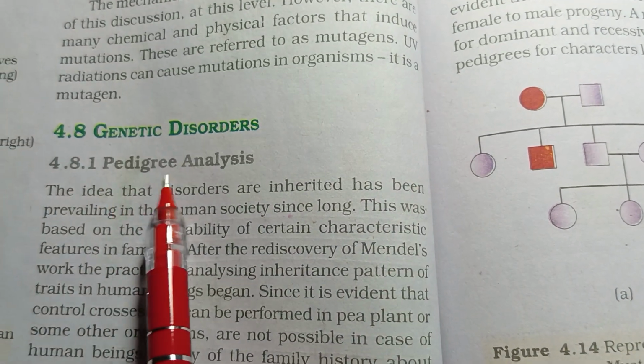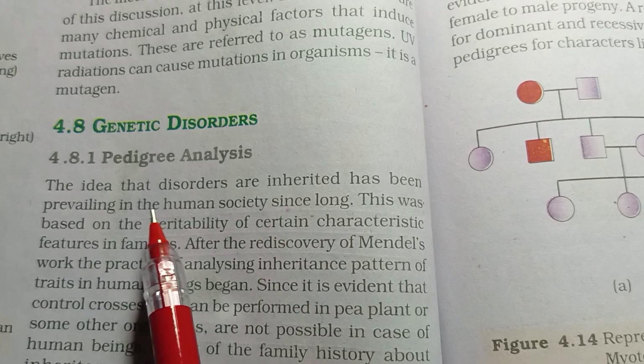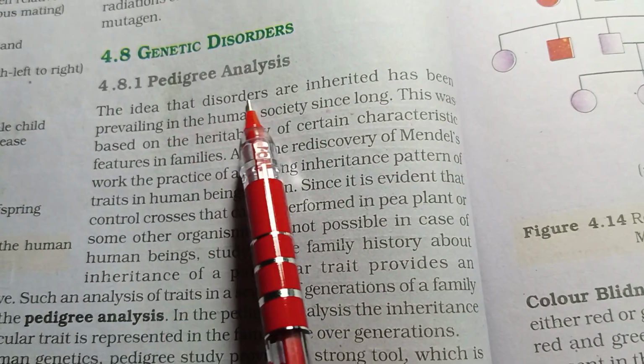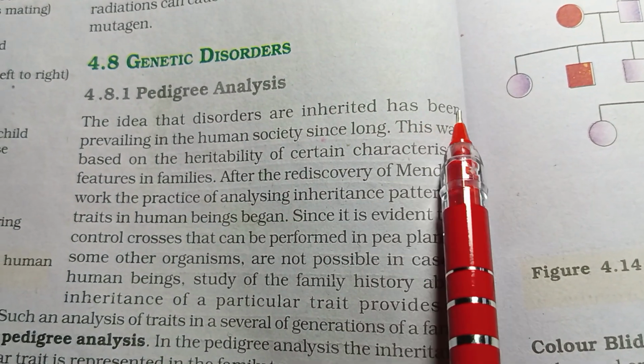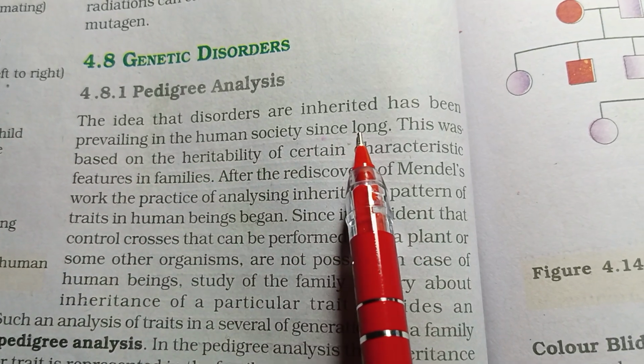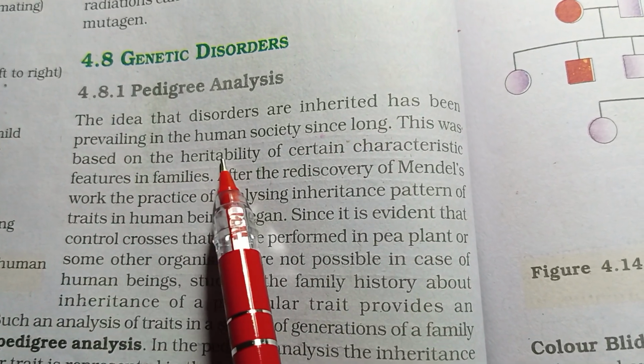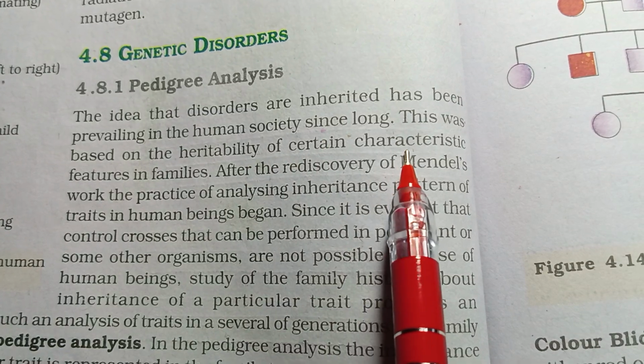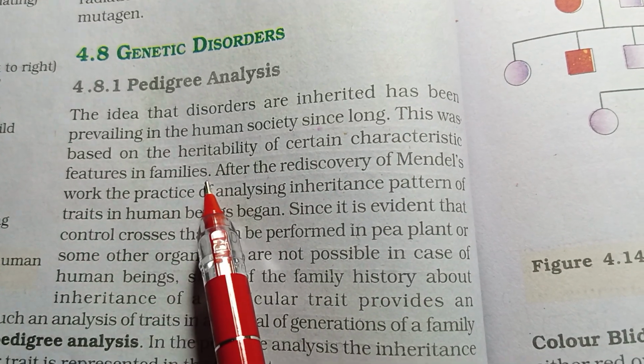Now let's see the genetic disorders. First, we need to know what pedigree analysis is. Pedigree analysis. The idea that disorders are inherited has been prevailing in human society since long. This was based on the heritability of certain characteristic features in families.